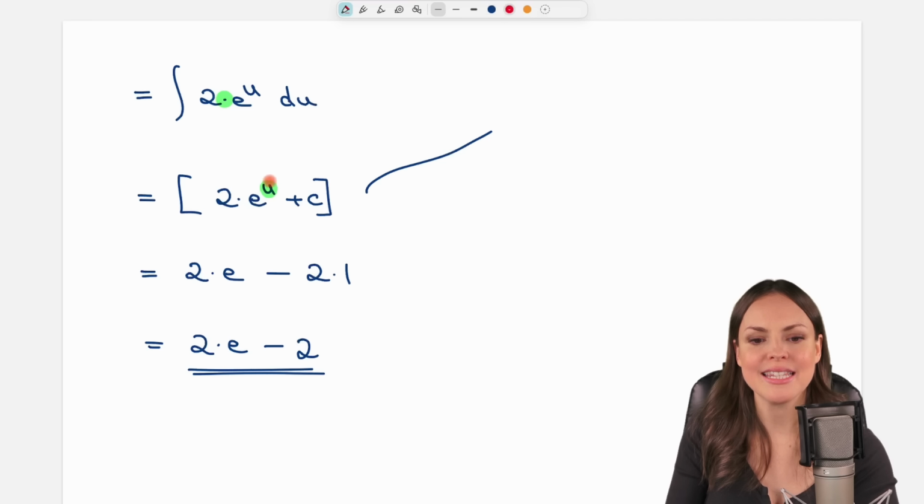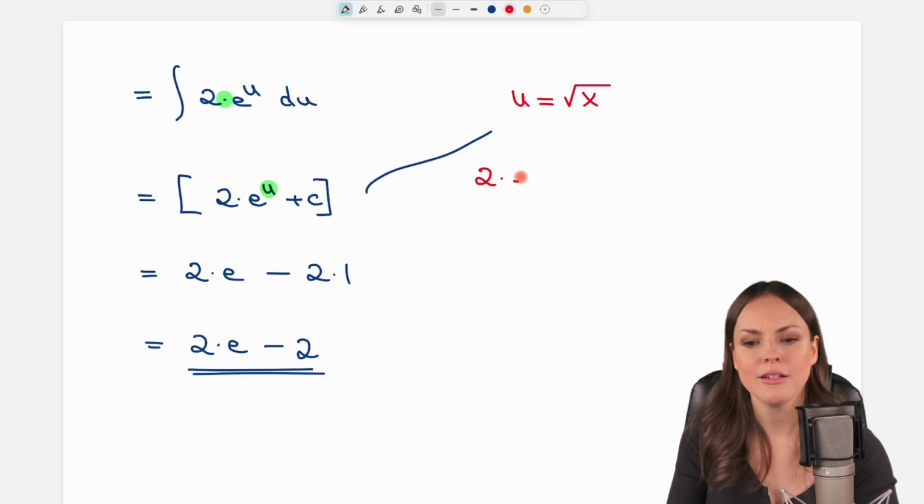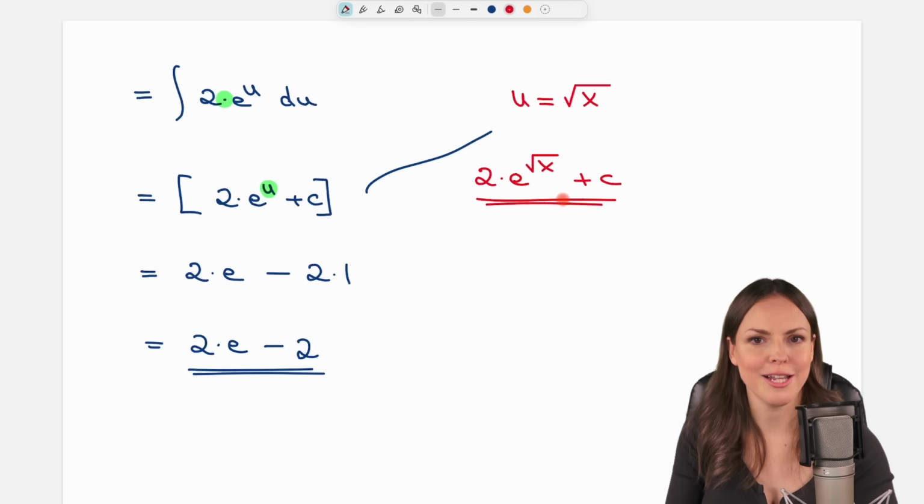But here, instead of your u, you're going to replace it now again by what it was. So it was the square root of x. So your antiderivative in the end would be 2 times e to the power of, and instead of your u, you take the square root of x again, and then don't forget the constant c at the end. But this would be your antiderivative.